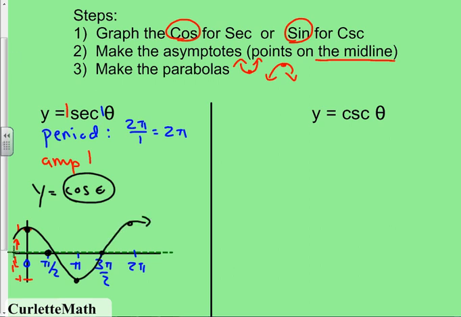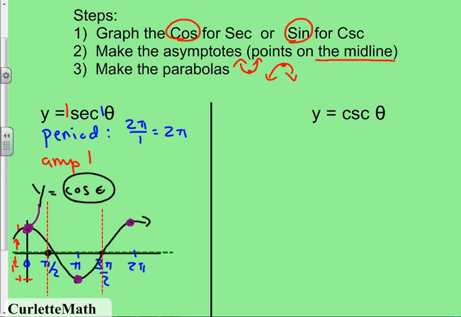Now, everywhere that the cosine function hits the midline, I'm going to have a vertical asymptote. Then I'm ready to graph my parabolas. I have 3 points left that are not a part of the vertical asymptotes.